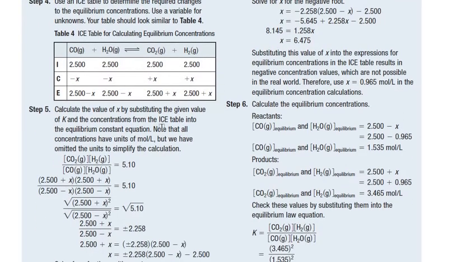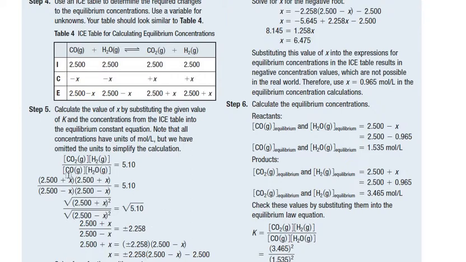And then we can put it in the equation for the K value. K is 5.10. The concentrations of products go in the numerator and the concentrations of reactants in the denominator. So 2.5 plus x times 2.5 plus x is going to be the numerator, and 2.5 minus x times 2.5 minus x the denominator.